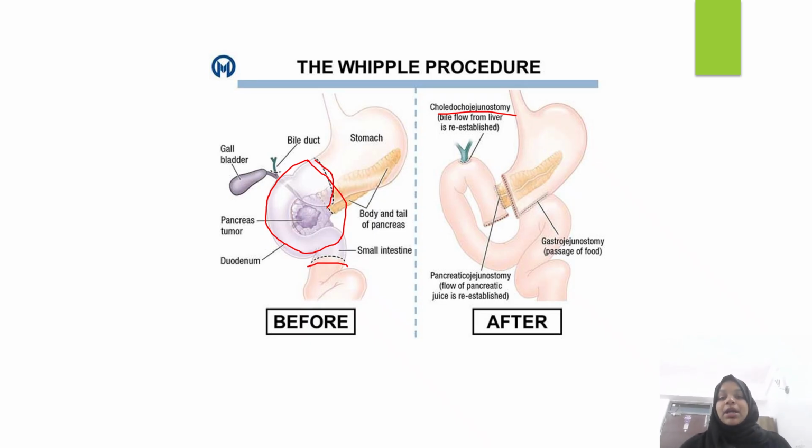There is gastrojejunostomy because the stomach is also distally cut, that will be reunited with the jejunum. There is a pancreaticojejunostomy for the flow of pancreatic juice, right? So there are three anastomoses here. That is called the Whipple procedure.